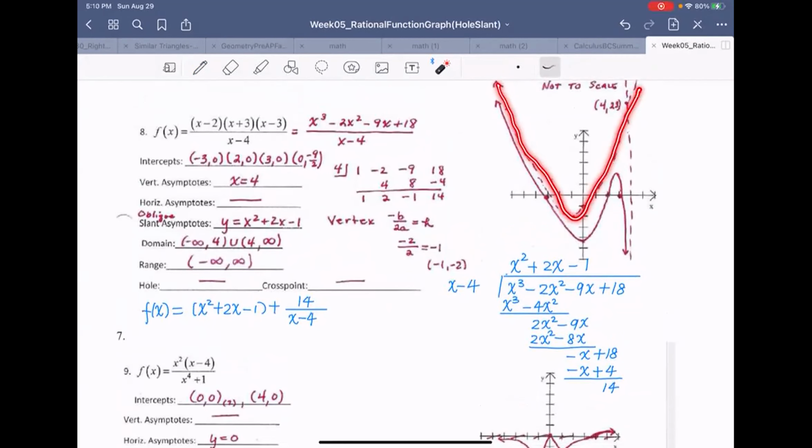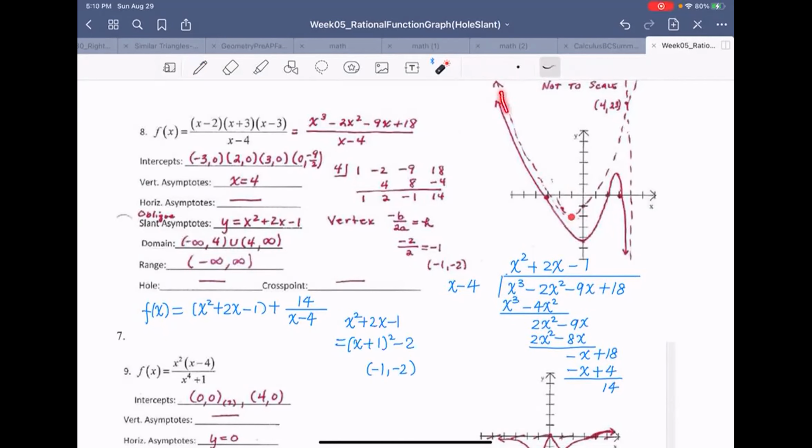Why? Because x squared plus 2x minus 1 equals (x plus 1) squared minus 2. The vertex is at -1, -2. This is the vertex, -1, -2.